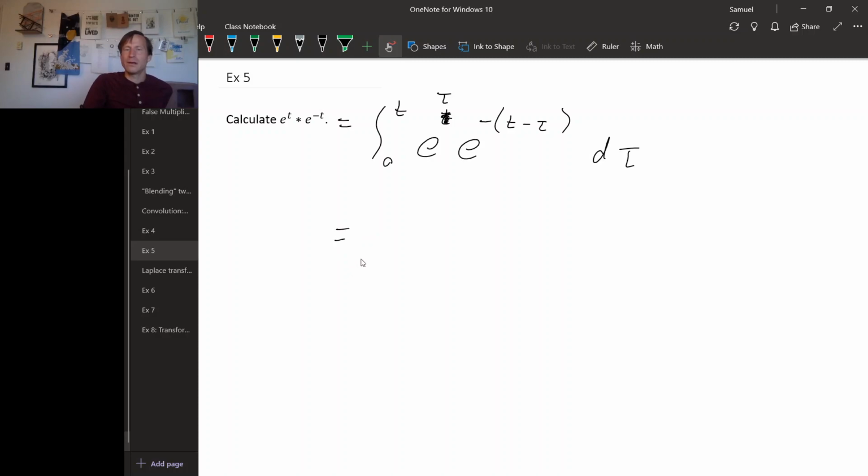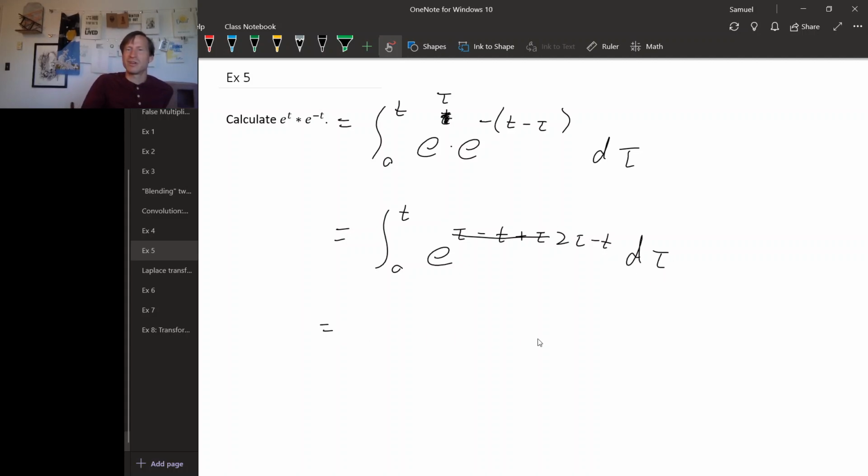To work out this integral, probably the easiest thing to do is just put these exponentials together. So this is the integral from 0 to t of e to the, we have a plus tau minus t plus tau, so this is all 2 tau minus t up there.